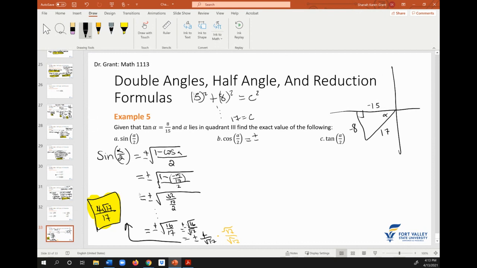Okay, in the second portion, B, we're going to plug in similarly to the formula. This is going to be the square root of 1 plus cosine alpha, divided by 2.